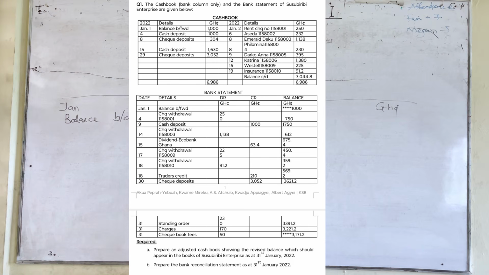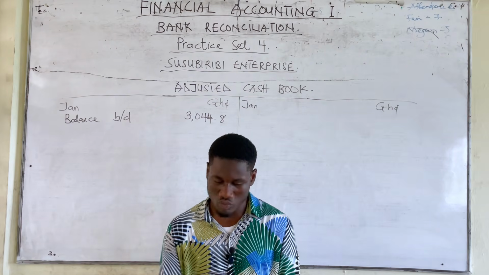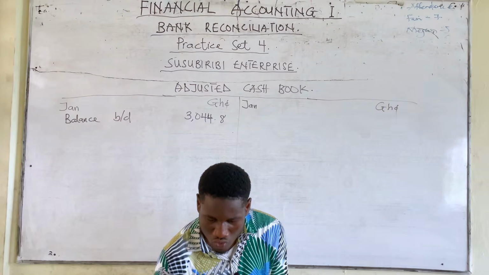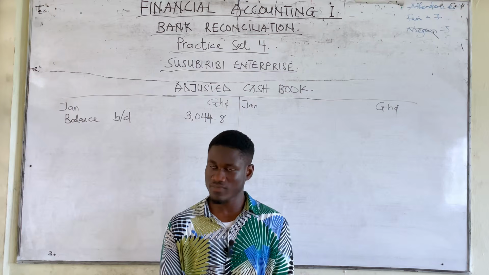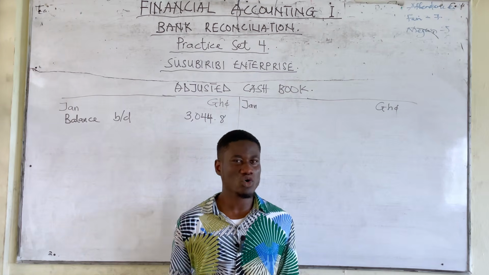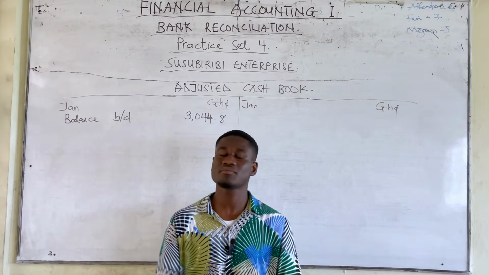We'll check for standing order. We have a standing order of 230. Okay. We are first cross checking the debit side. When we check in the cash book, we will see that there is no standing order 230 at the credit side of the cash book, which is supposed to be there, because if the bank is debiting, I should credit with that same amount.